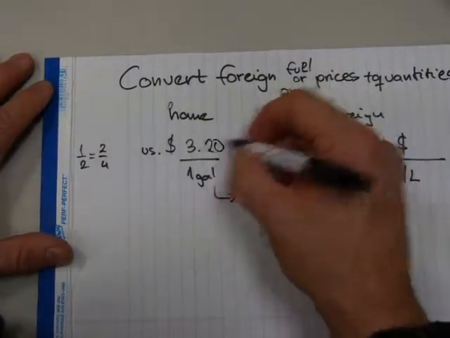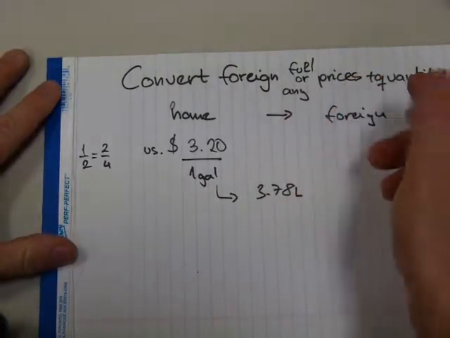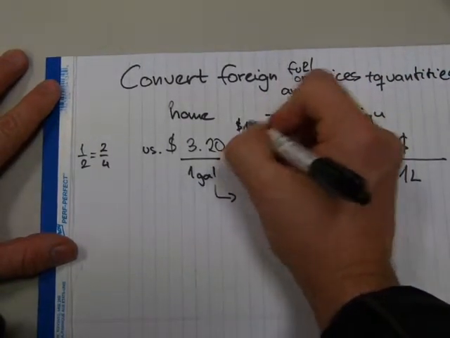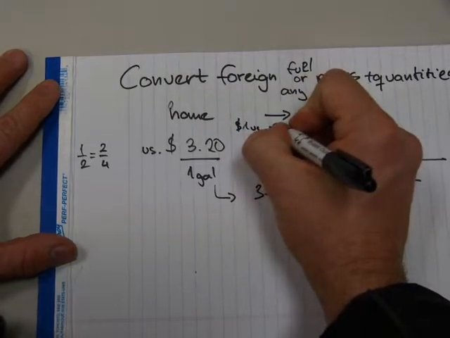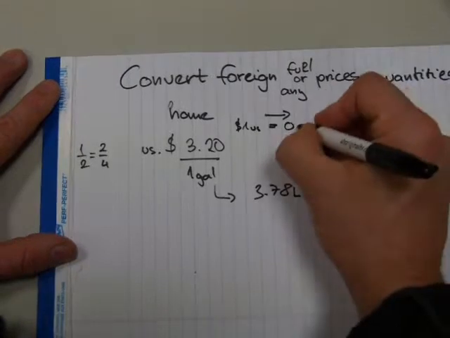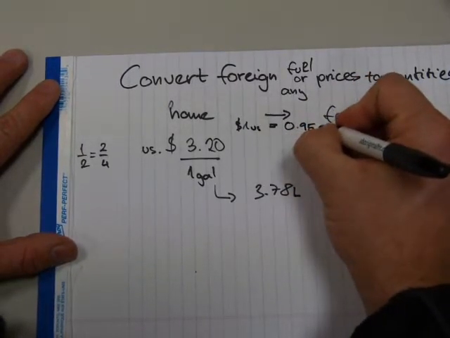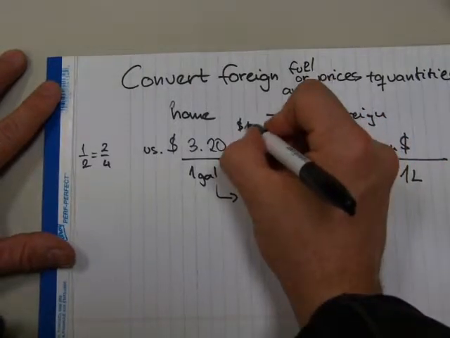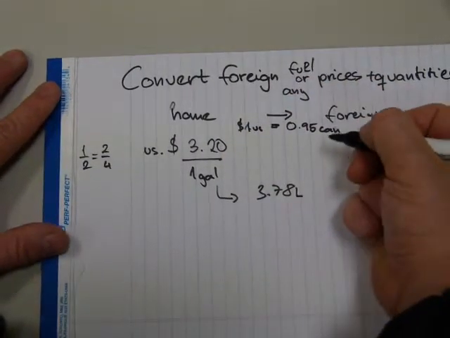We're going to need a currency exchange rate here. Say one US dollar equals, where are we going? We're going to Canada. 95 cents Canadian, and that's a number 1.